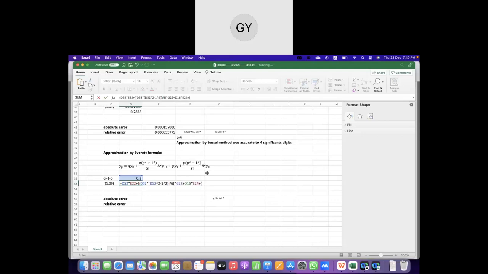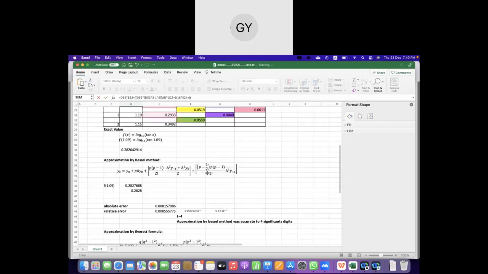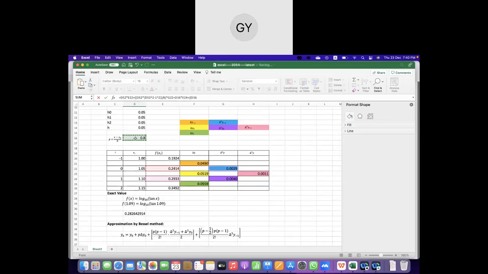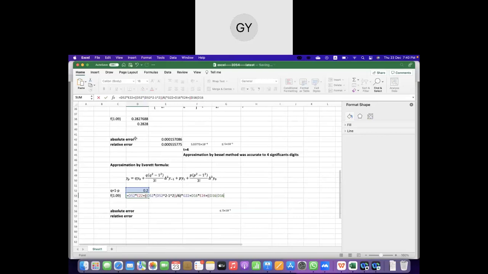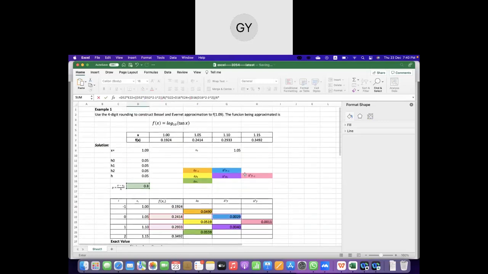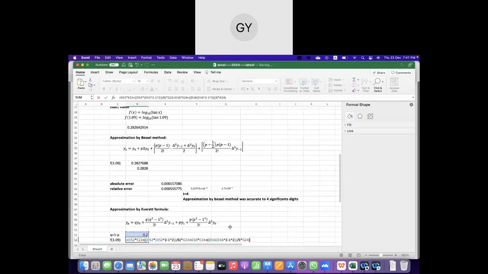So we need to bracket p, 0.8, bracket 0.8 squared minus 1 bracket, divided by 3 factorial, which is also 6, then times the second difference delta squared y0, which is in purple color. Then we bracket back. So just enter.